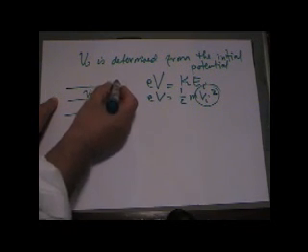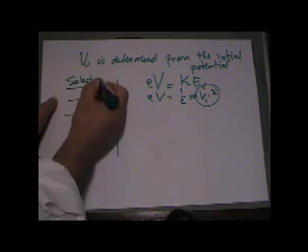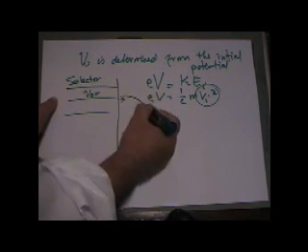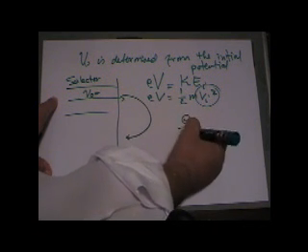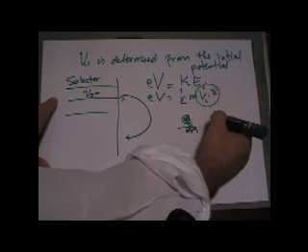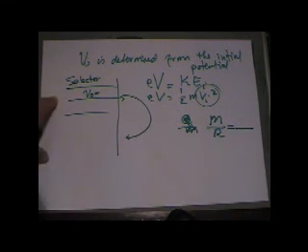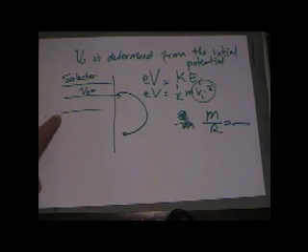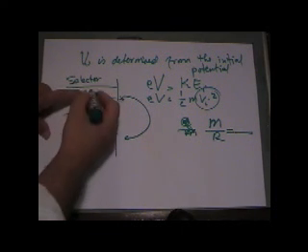Once the particle leaves the selector, it's going to move, and then from here I get the m over r. I can't recall the equations exactly, and I don't have time to do them, but what you need to understand is that this is my V0.